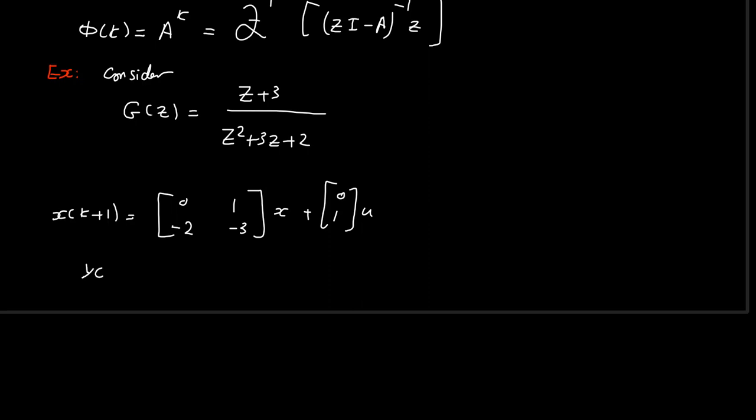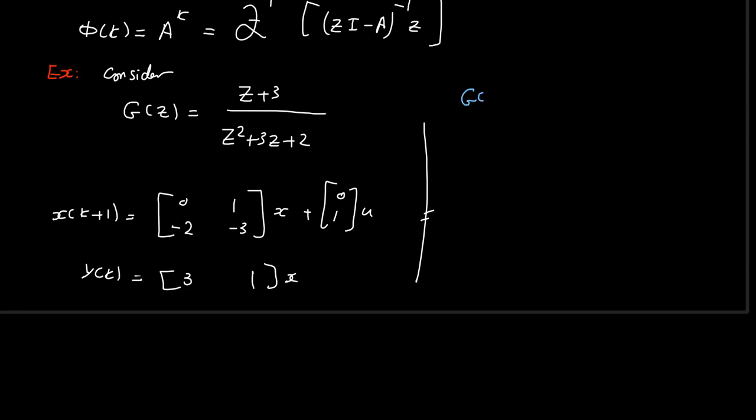And Y of k, I will go to the numerator, and here will be the coefficient of Z to the power 0, so this will be 3, and here the coefficient of Z to the power 1. Now if I need to use the parallel form, I will factorize it.